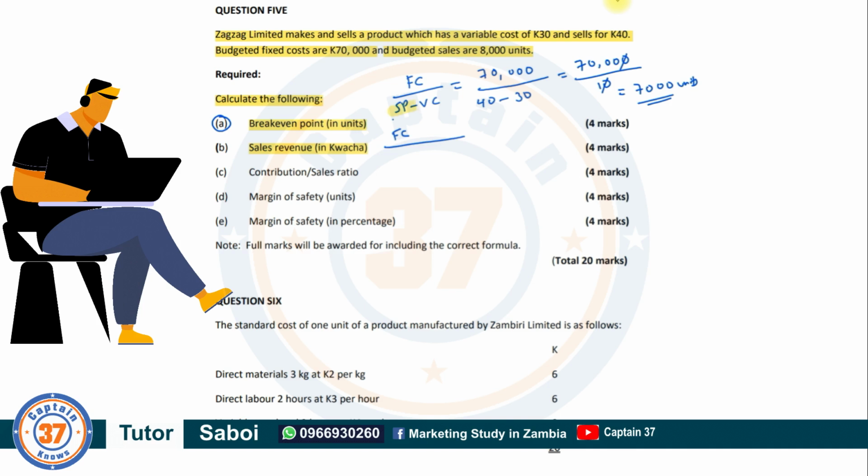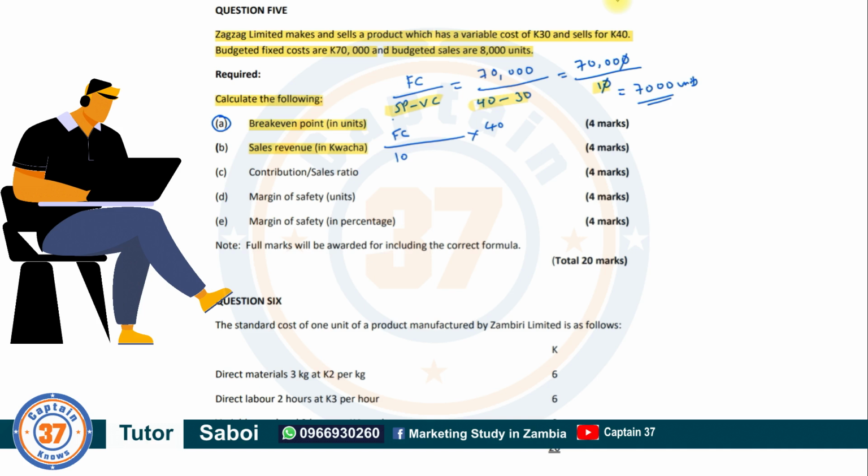This formula over here is for the contribution, and we found it was 10. So it's going to be the fixed cost over the contribution, which is 10, and we are going to multiply this by the selling price, which is 40.